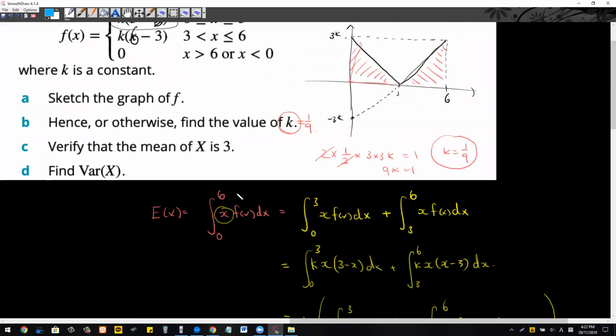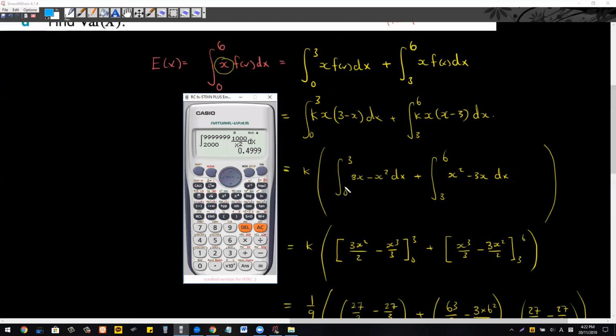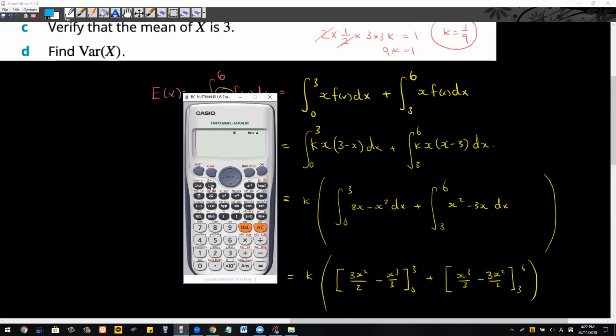You can also figure out the variance. So it takes a lot of time, right? I'm just going to do it here in my calculator. So integral of x bracket.